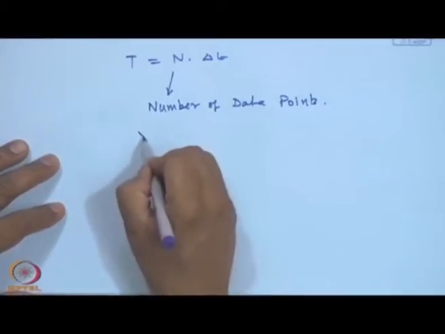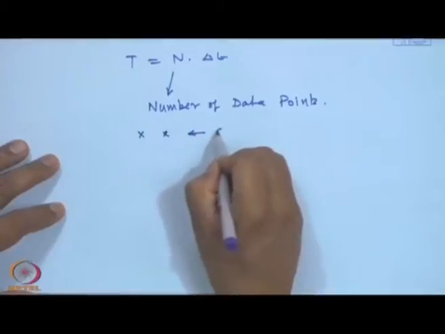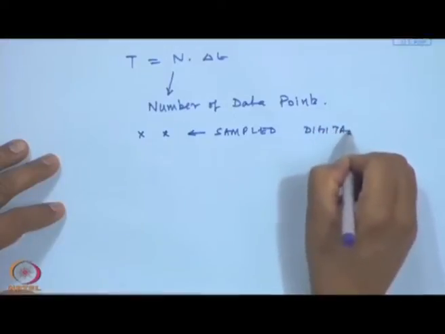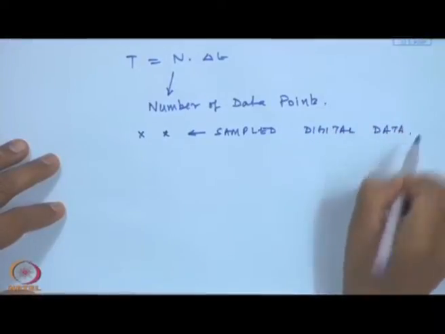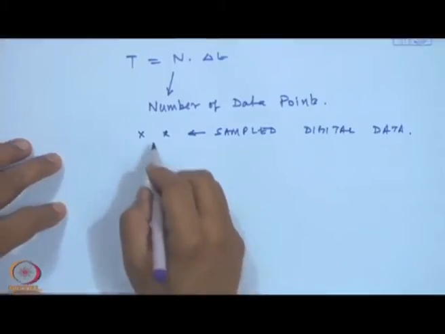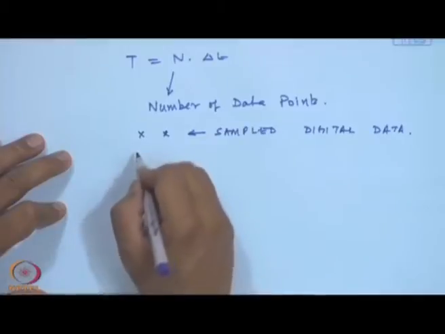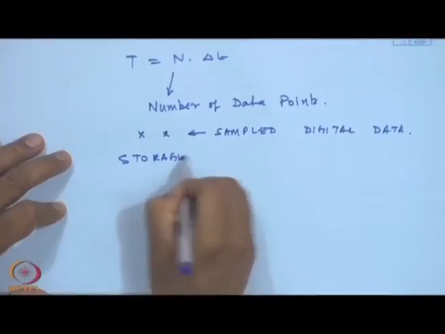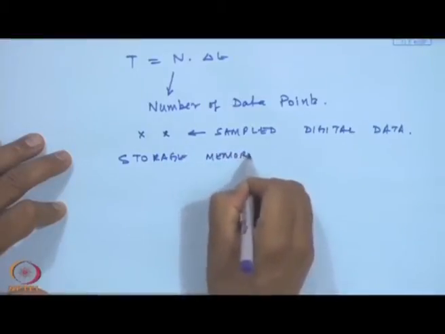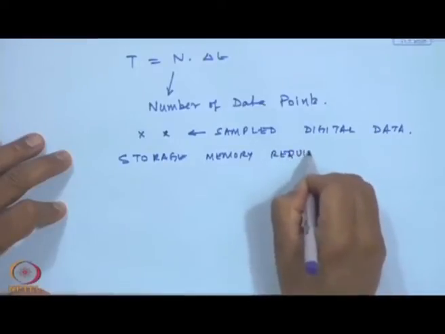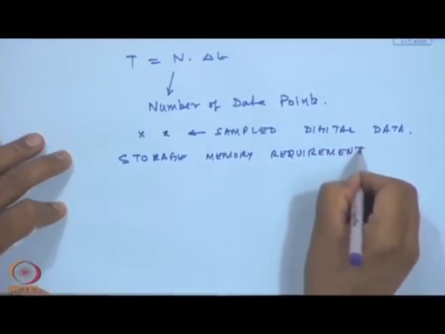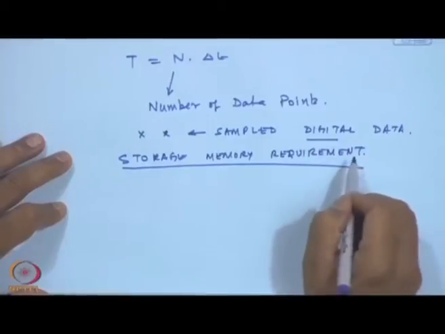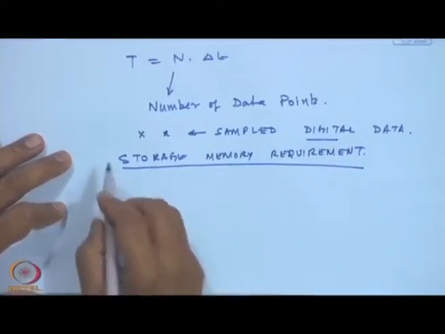In the previous diagram, all those crosses I had done were actually the locations of the sampled digital data. Okay. So, in terms of the storage memory requirement, because this digital data has to be stored in some memory location in the digital recording.